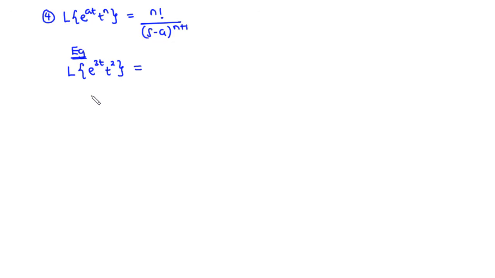So this will be equal to, we are going to have n factorial. Now t to the power 2 and then t to the power n. Comparing these two functions, you realize that n is equal to 2.